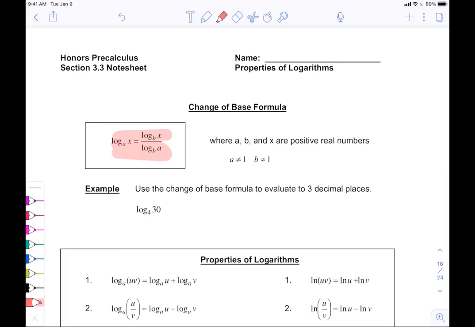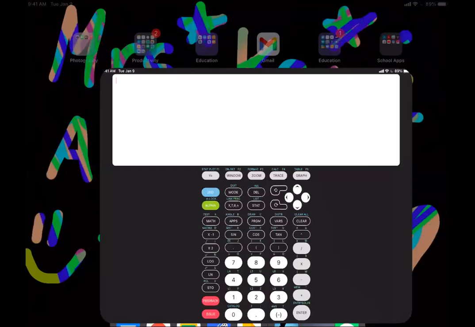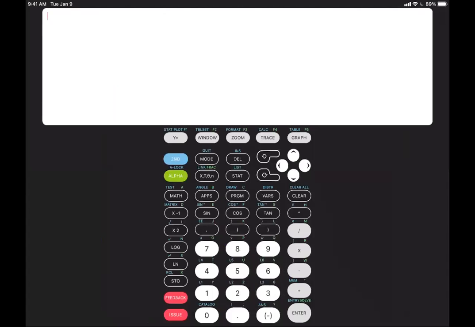Usually when we have the calculator, I'll pull mine up for you. So usually we use just the log button on the left of 7 or the ln button on the left of 4. Those are the 2 log functions that are just on that direct calculator screen. But if you hit the math button and you go down to A, you see it says log base.